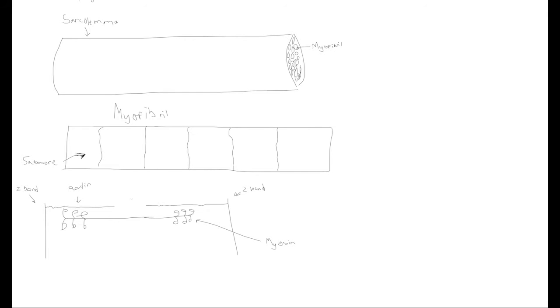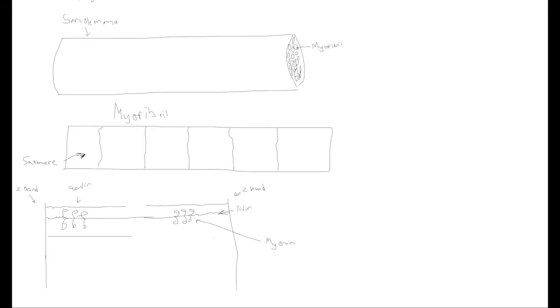All right, and then there's also titin, I should add, and I'll explain what titin does in a sec. So titin is basically connected to the myosin and then connected to the Z-band. And then there would be several of these sort of rows. So there would be several of these.